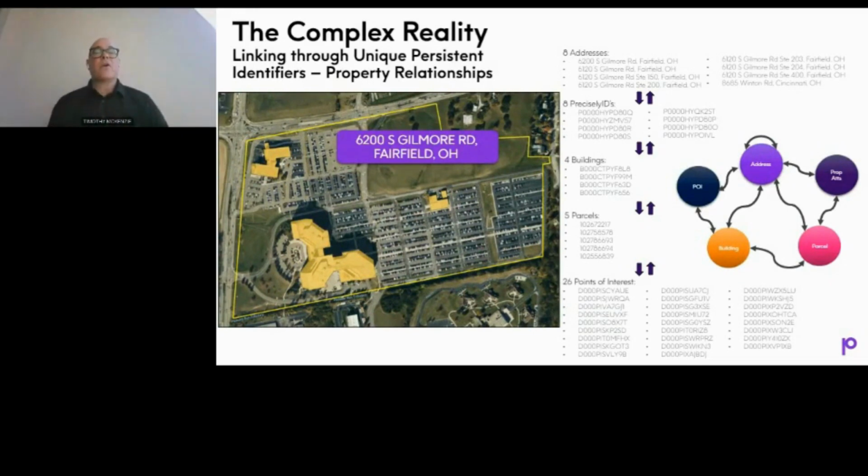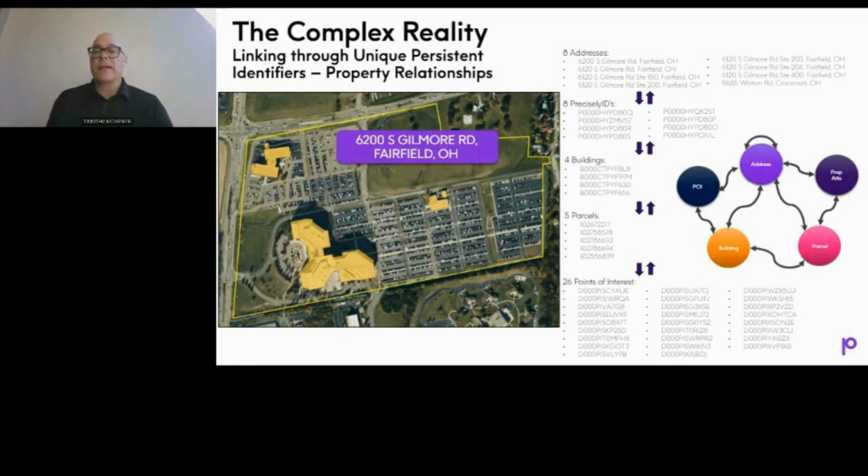So think of all this information on this one slide coming into view for a network planner, a seller or a marketer within seconds versus hours or days of physical inspection of this property.